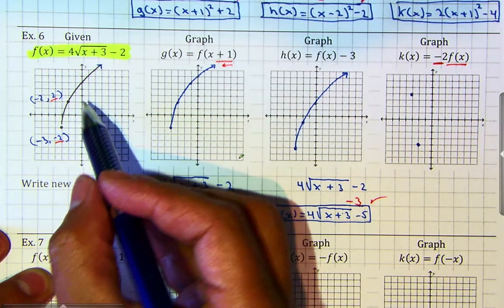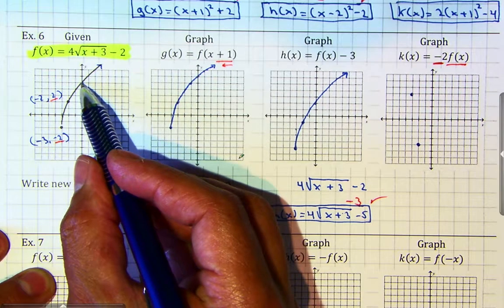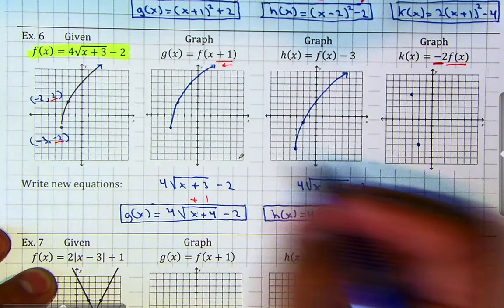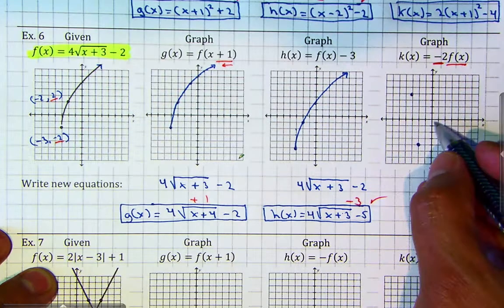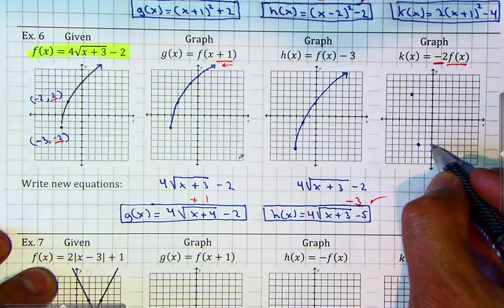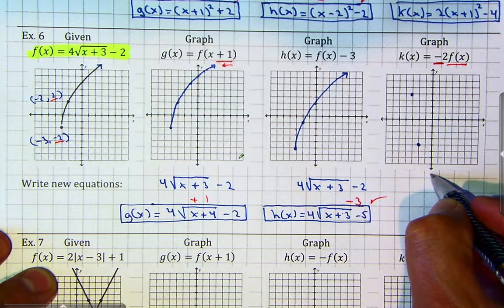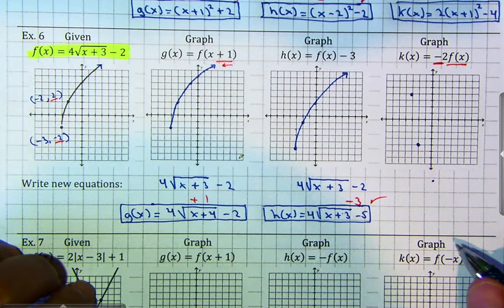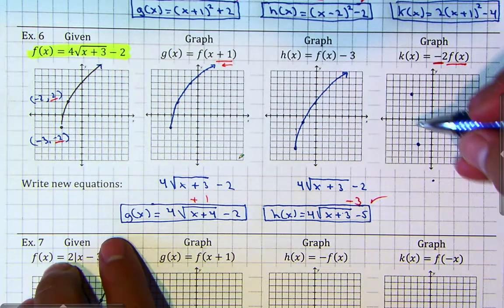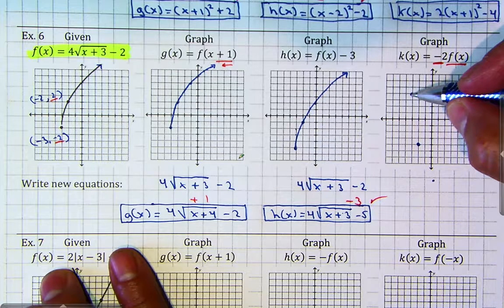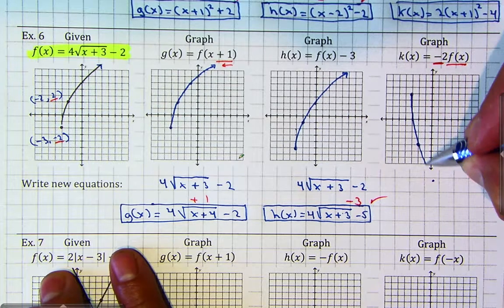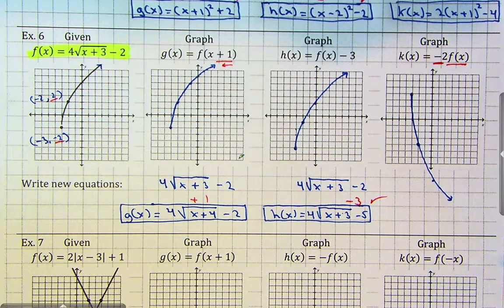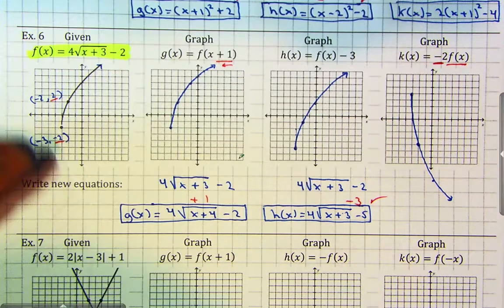And this value here, which is almost 5, 0, 5, will be 0, negative 10. 2, 4, 6, 7, 8, 9, 10. It's not really 5, it's about 4.9 something, but we'll treat it as 5, just so it helps us guide our graph. So therefore, that is the graph. It got reflected on the x-axis, but it also got stretched at the same time.